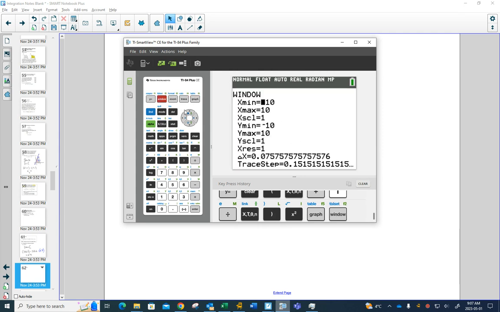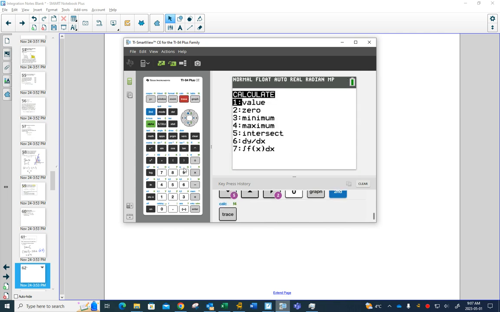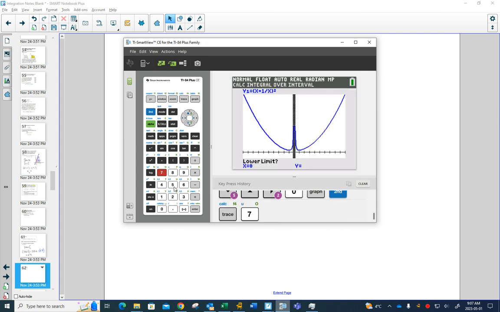So I'm going to even change my window to go up higher because I don't even see. There we go. So from 2 to 4, we want to figure out what this area is here. So on our calculator, we can calculate number 7 from 2 to 4. That's the area we're trying to find. The answer is 22.9.